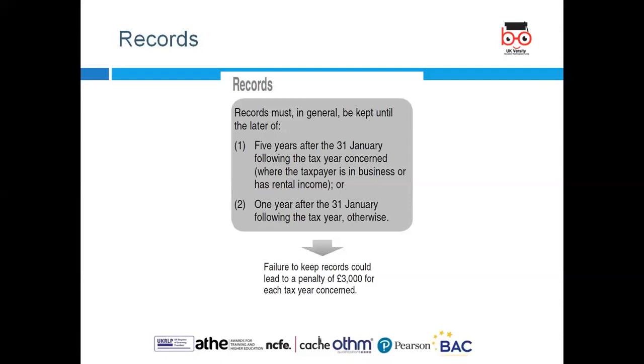Okay, records must in general be kept until 5 years after the 31st January following the tax year concerned, where the taxpayer is in business or has rental income, or 1 year after the 31st January following the tax year otherwise. Failure to keep records can lead to a penalty of £3,000 for each tax year concerned.